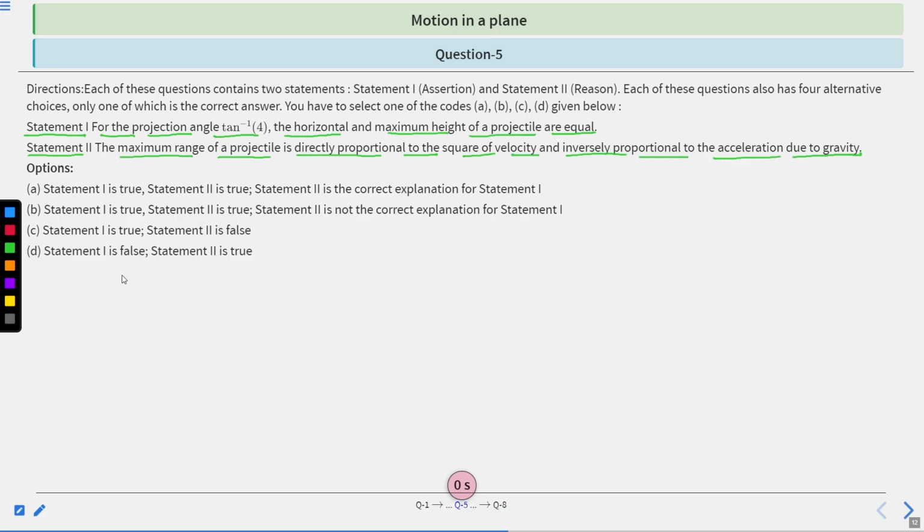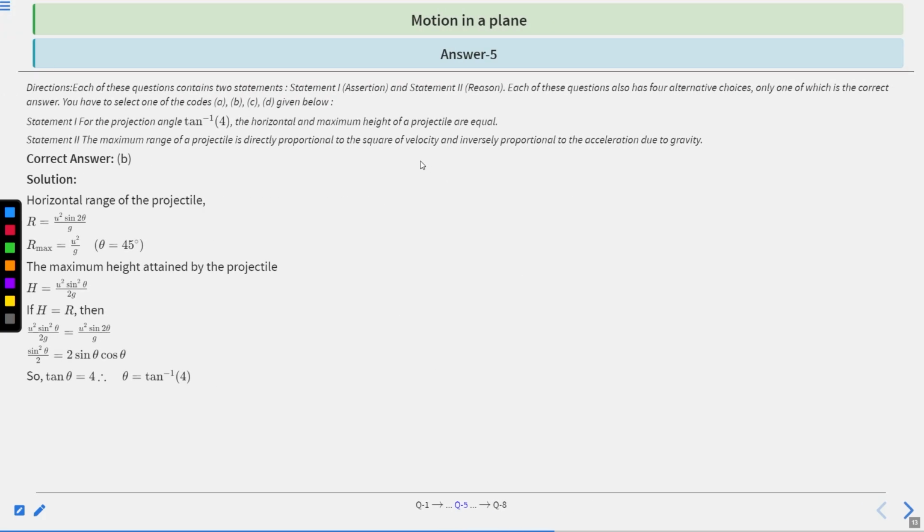Let's find a solution. We know the formula of horizontal range. The horizontal range of the projectile, denoted by R, is equal to u squared sine 2 theta divided by g, where g is the acceleration due to gravity.